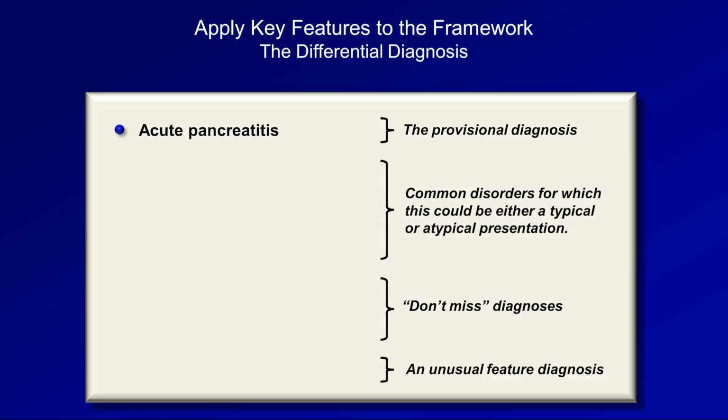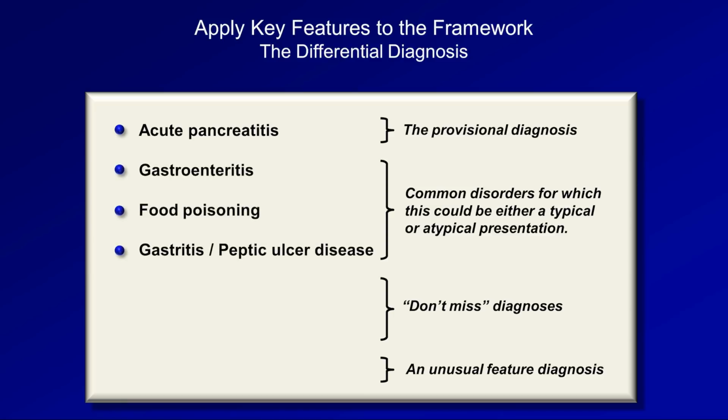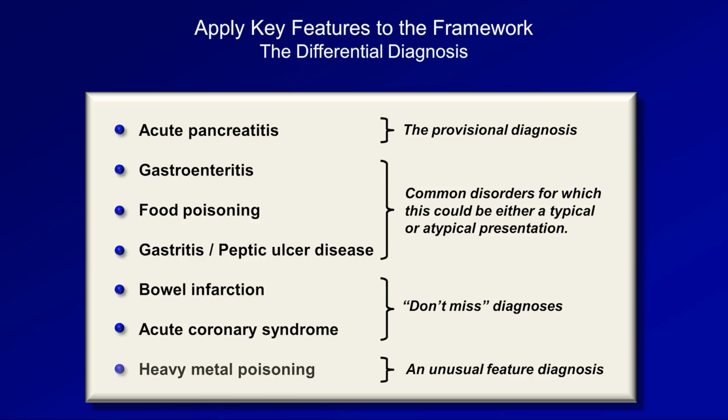Common disorders for which this could be a typical or atypical presentation include gastroenteritis, food poisoning, and either gastritis or peptic ulcer disease, which I have grouped together because I think it's very difficult to tell the difference between them without endoscopy. Don't miss diagnoses for this presentation would include a bowel infarction and acute coronary syndrome. And finally, an unusual feature diagnosis is heavy metal poisoning related to contaminated well water.